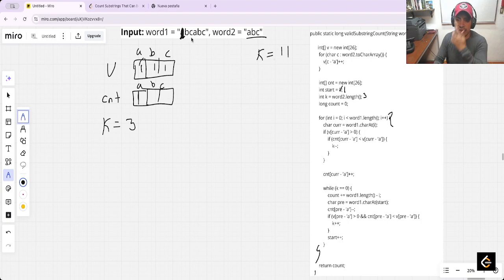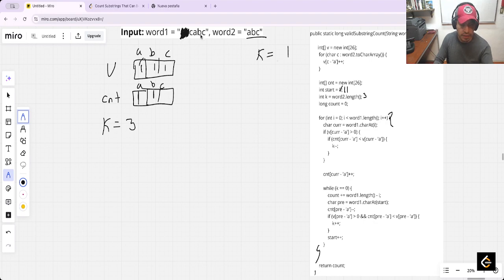Now the next step is the letter B. The letter B here appears greater than 0, yes, and this value is minor to this, yes. This reduces 1, and basically here appears the 1. Now is K equal to 0? No, okay, this increases 1, and we move on to the next.